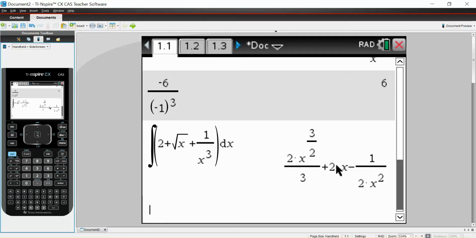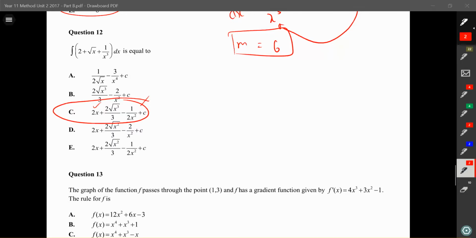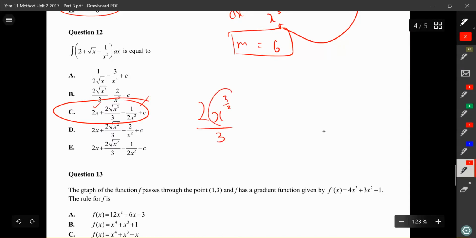Yeah, some of you might struggle with this one only because of the x to the power 3 on 2. Technically, x to the power 3 on 2 is the same thing as writing x to the power of 3 and then square rooting that entire thing. If you really think about it, it's the same as writing that. The question is, why couldn't you write it like this?